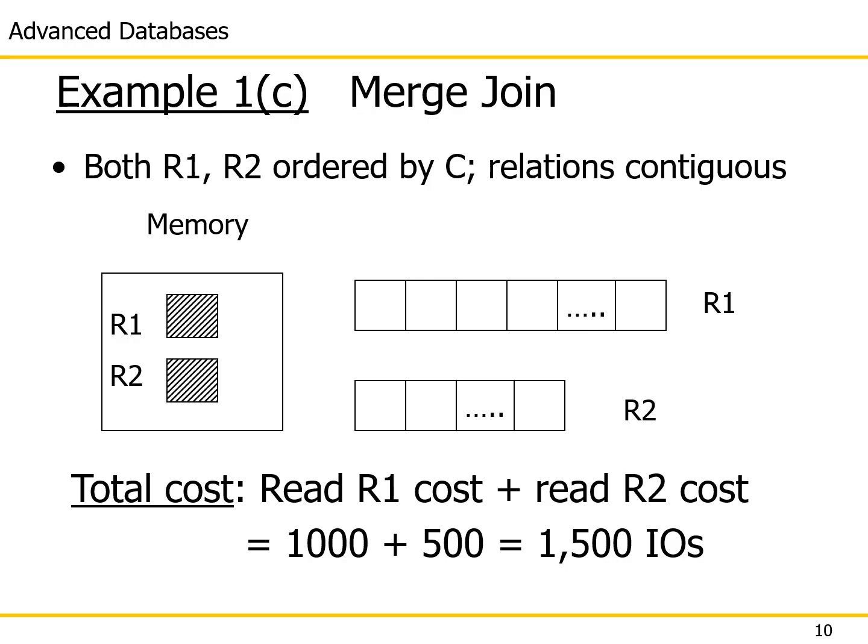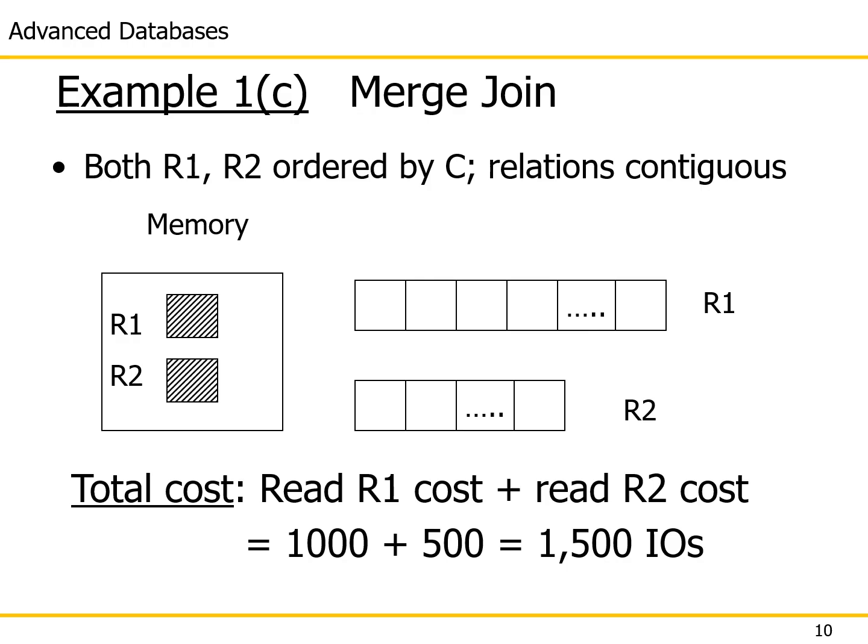And notice the way merge join works, and that's why we are discussing it here. It's an interesting joining technique from a performance perspective, because if R1.c and R2.c are sorted, then using i and j we move generally from top to bottom, which means we don't have to repeatedly load pages.